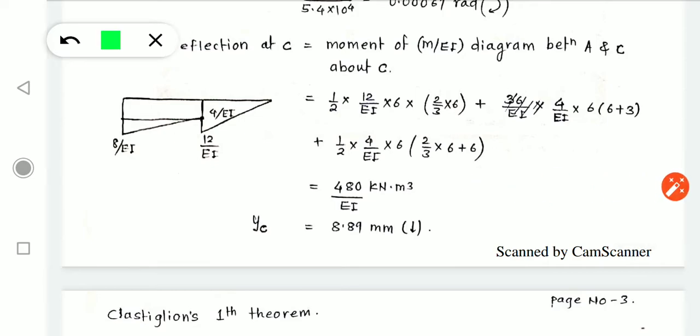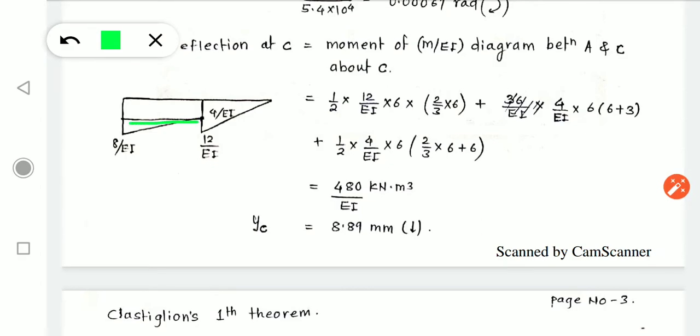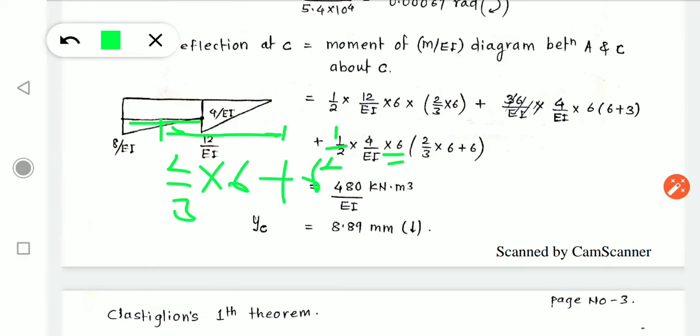Next is your remaining bottom triangle, which has a value of 8 minus 4, because 4 is already covered by the upper rectangle, therefore we remain with only 4. Okay, so 4 EI into the horizontal distance of 6, 1/2, because we are writing it for a triangle, and its perpendicular distance will be 2/3 into the length plus 6.